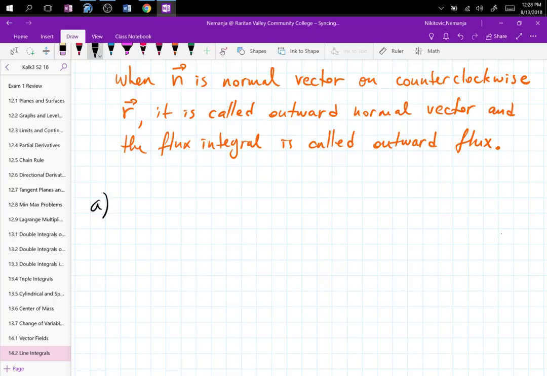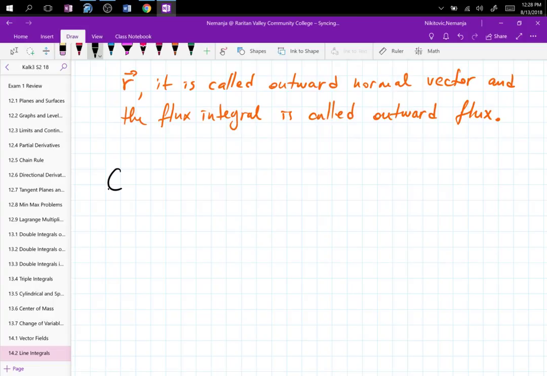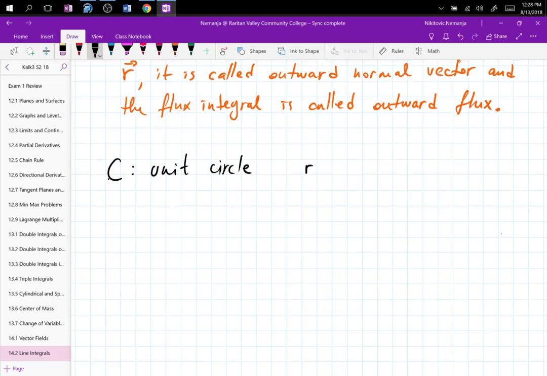Part A, let's set up the scenario. Again, we have C to be the unit circle, giving us all of the specs that we know.